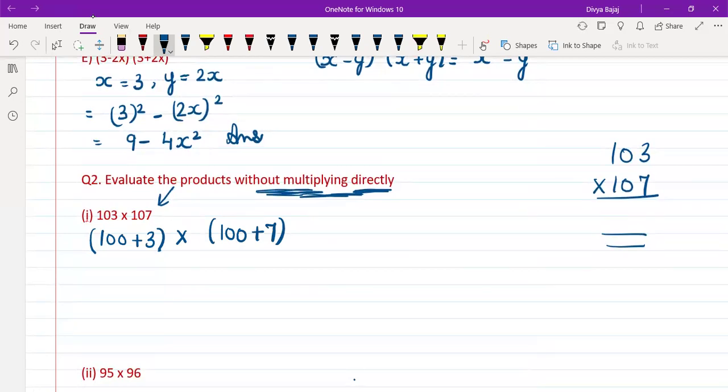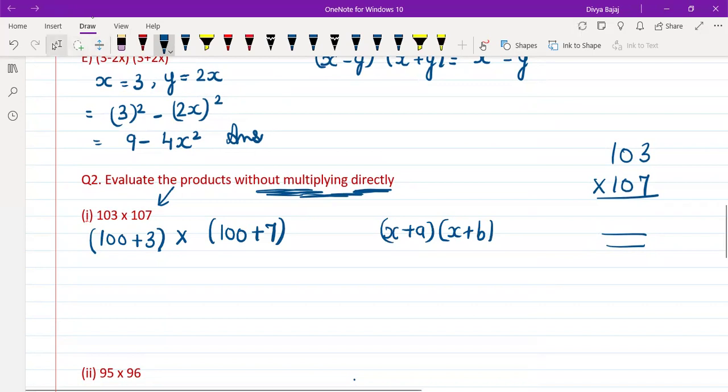Now see this question very carefully. The first term is the same in both, and the second terms in both the brackets are different. So this question is in the form of x plus a into x plus b, where the first term is x, which is in both the brackets, and the second terms are the constants 3 and 7.